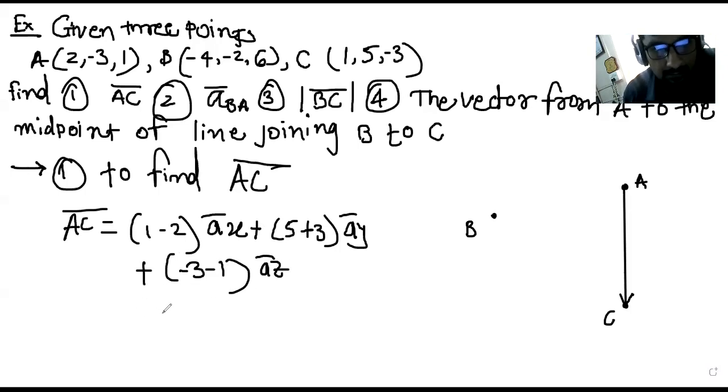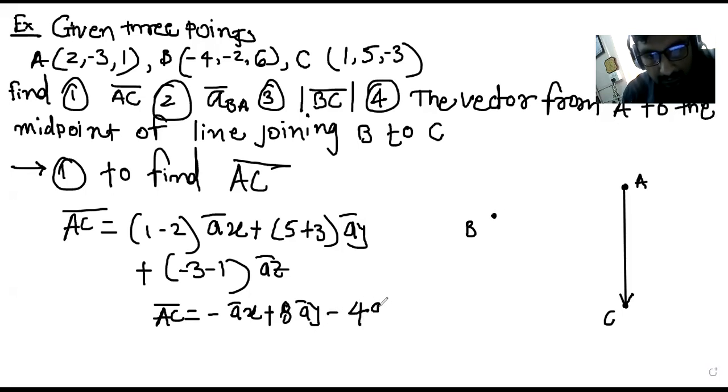So the final answer of this AC bar is equal to minus a bar x plus 8 a bar y minus 4 a bar z. So this is the final answer for the first part.